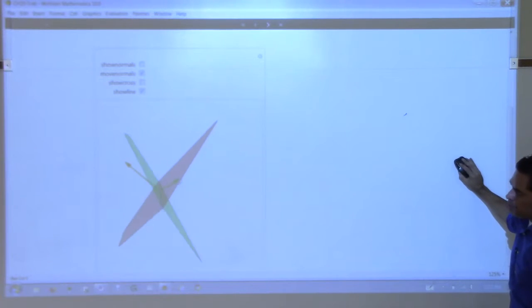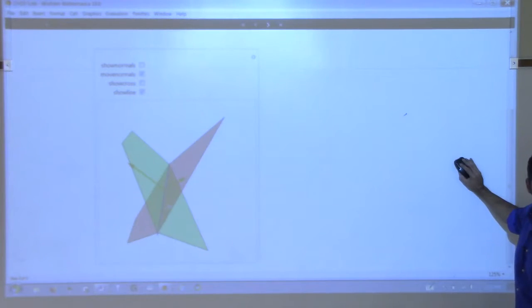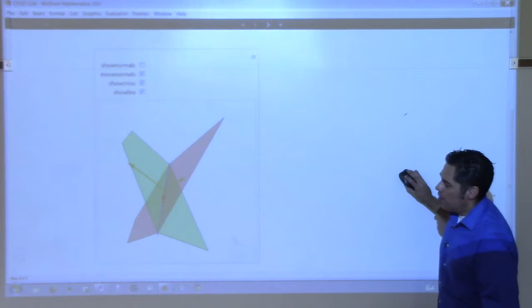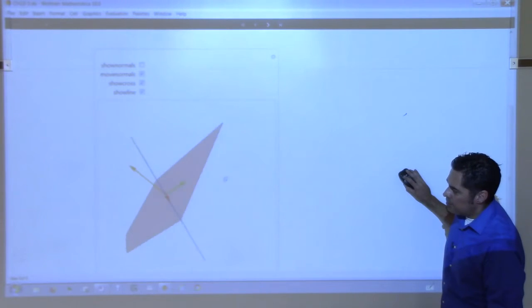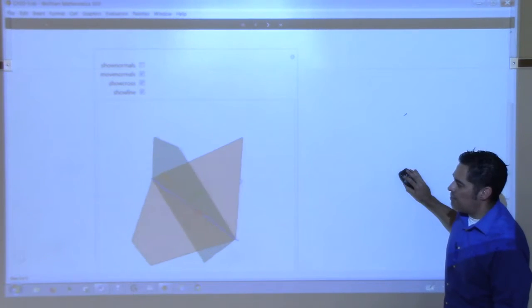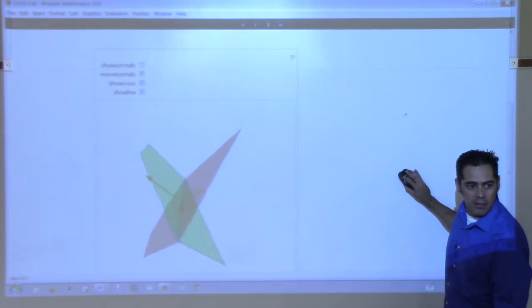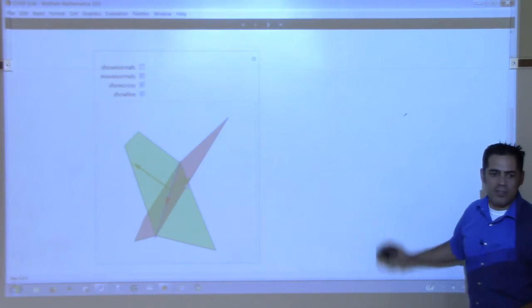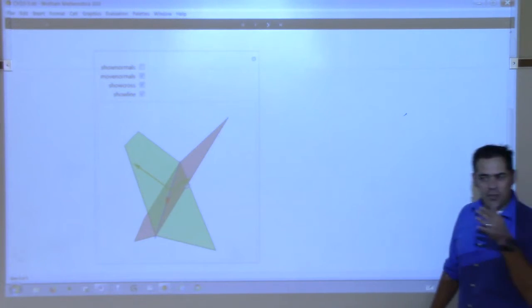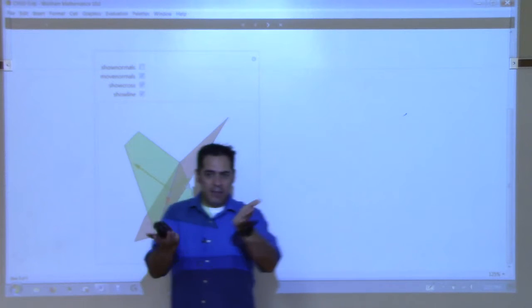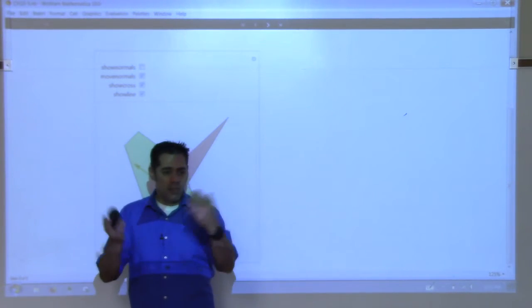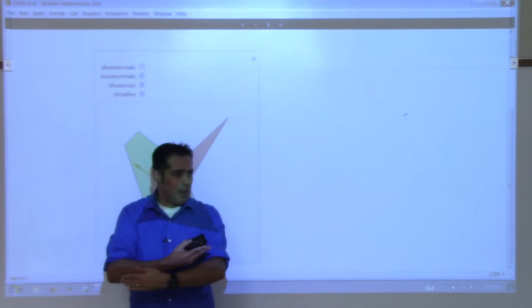If we cross those normal vectors, that vector is living on the same direction as the line, isn't it? And that gives us v. So if somebody gives you two planes and you want the direction vector of the line of intersection, you simply cross the normal vectors of the planes.